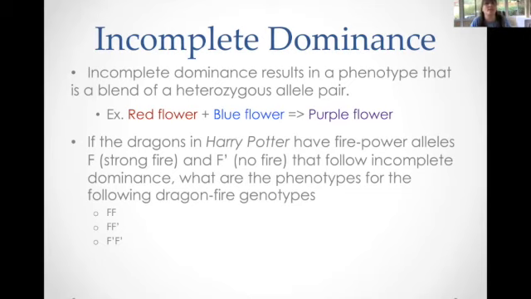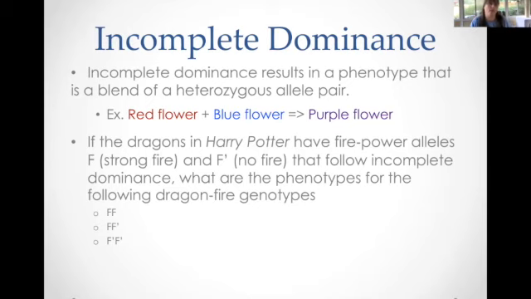Because remember, this is not total dominance and recessive, so we cannot list them like the dominant and recessive. Here we go. If we have two Fs, no apostrophes, that is strong fire. If we have two that are F apostrophe, that means both of them are no fire, so there's no fire.